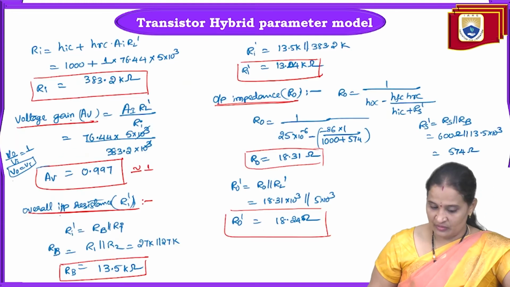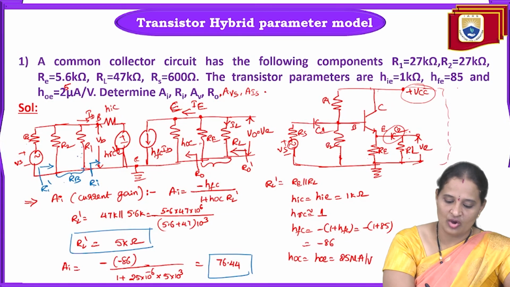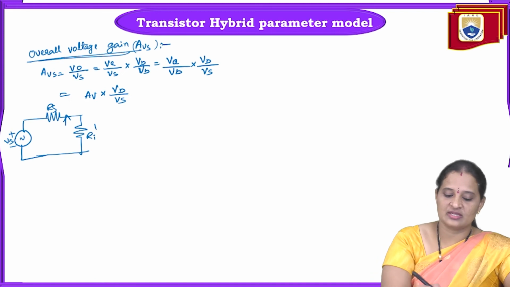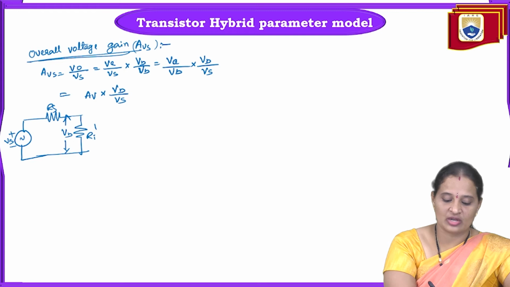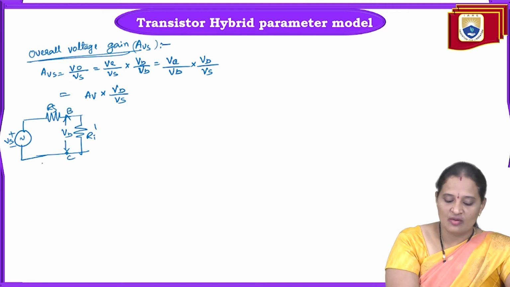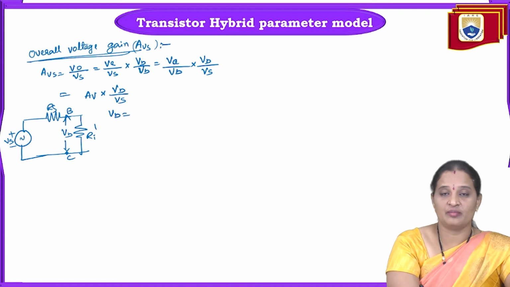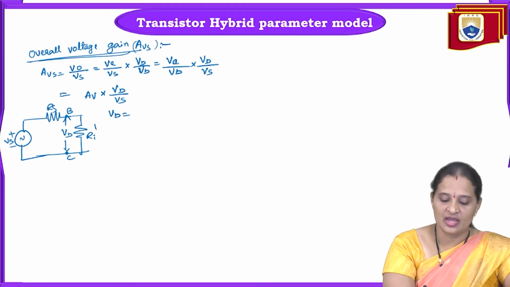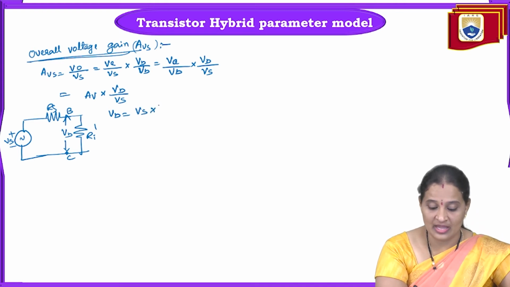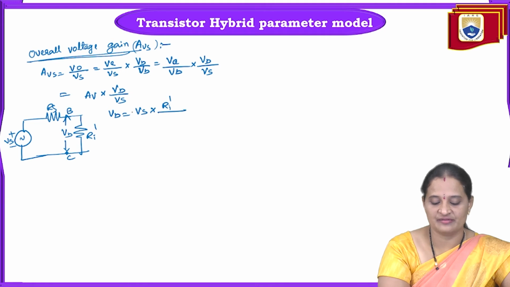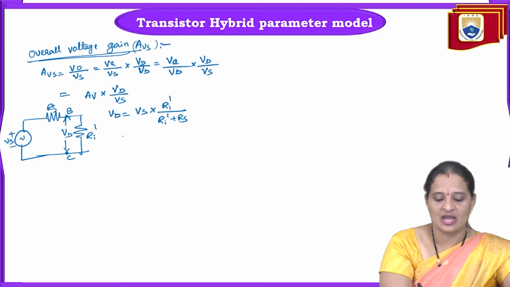All these resistors are connected in parallel, so the voltage drop across them is the same. This is the base and this is the collector. Now, applying the potential divider principle, VB is the input voltage into RI dash divided by RI dash plus RS.